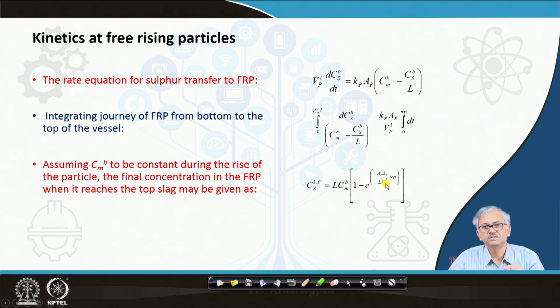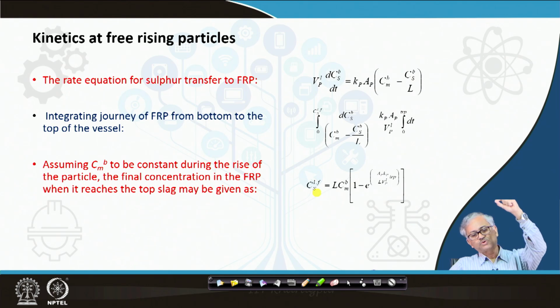VPL, as I said, VPL is the volume of the free rising liquid particle, and TRP is the residence time of the particle. So, then you can simply get this relationship, that is when the powder will be loaded with the impurity, and when it will reach the surface, then its concentration will be given by this.